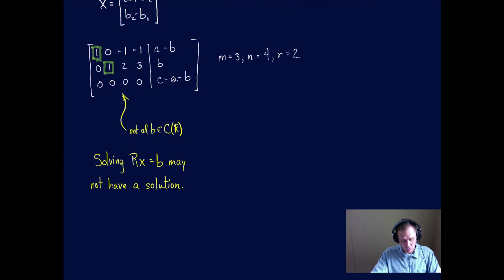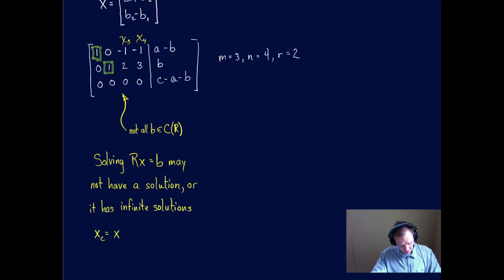I have 2 free columns. X3 is going to be free and x4 is going to be free. So it may not have a solution, or it has infinite solutions.